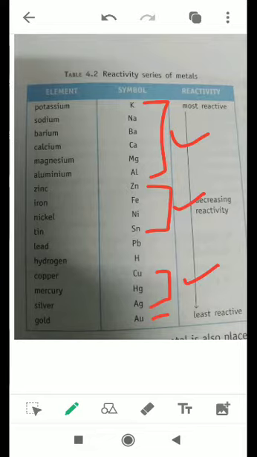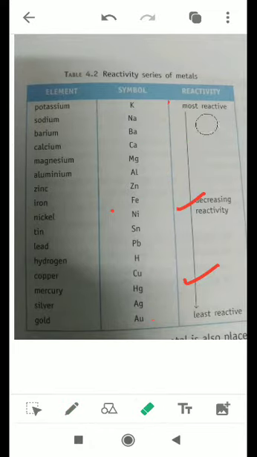So what happens when calcium comes in contact with iron sulfate salt? Yes, calcium will displace iron from its salt, meaning calcium is more reactive, so it displaces iron from its salt. So the metal with higher reactivity replaces the metal with lower reactivity from its salt solution.